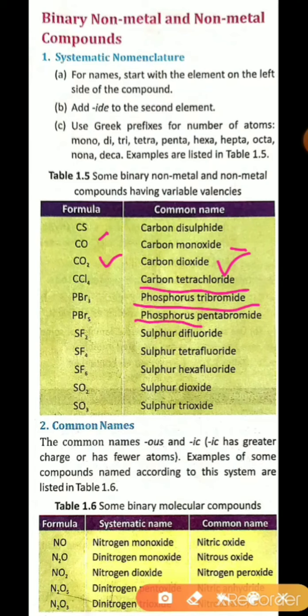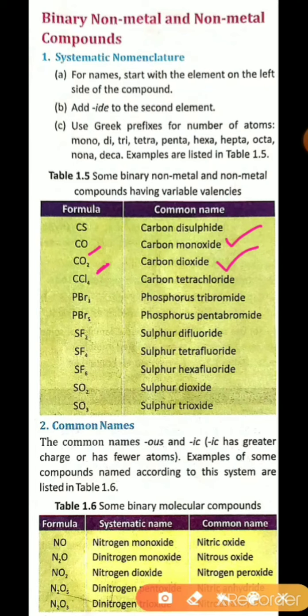Then PBr3, phosphorus tribromide. PBr5, phosphorus pentabromide. SF2, sulfur difluoride. SF4, sulfur tetrafluoride. SF6, sulfur hexafluoride. SO2, sulfur dioxide. SO3, sulfur trioxide. So here you can see for 2 it is written di, for 1 it is written mono.